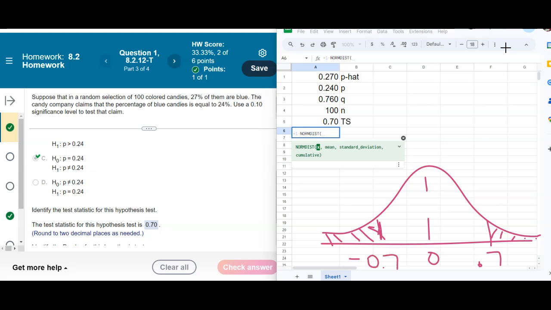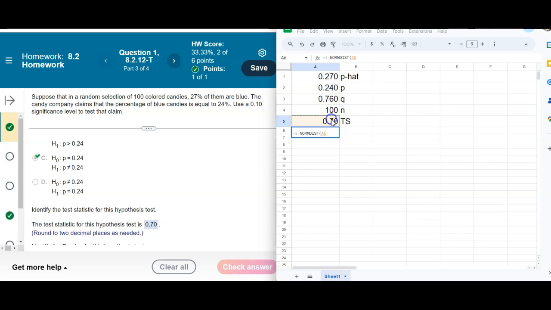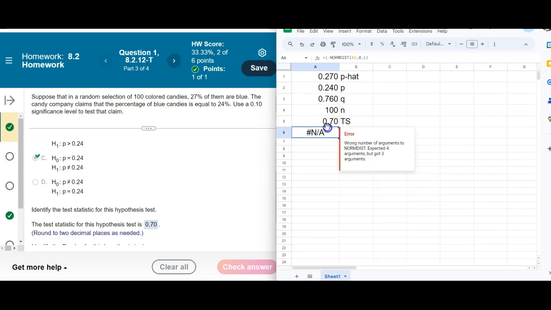The way that I do that is I'm going to find one of these two tails, and then I'm going to double it. Whatever I get, I double it, and that will give me the area of that second tail. So 1 minus norm dist. X is the test statistic, so I'm going to click that. And this is the standard normal, so mean is 0, standard deviation is 1. Oh yeah, sorry, cumulative.